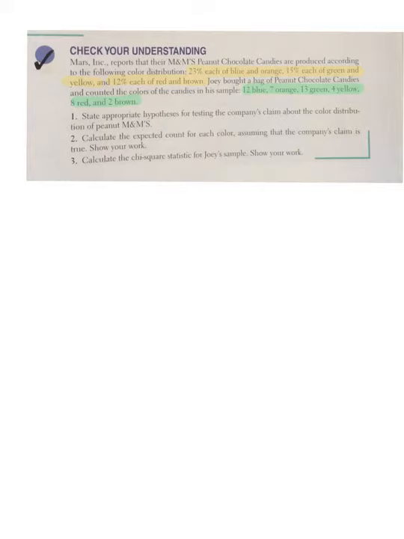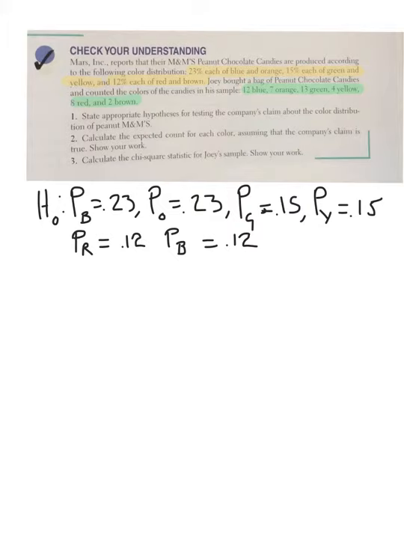Number one says, state the appropriate hypotheses for testing the company's claim about the color distribution in the peanut M&Ms. So I'll do that. Here's our null hypothesis, and that is that the probabilities for the candies are what the Mars company says they are.